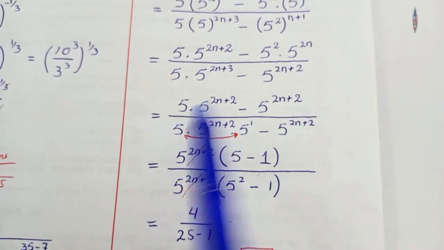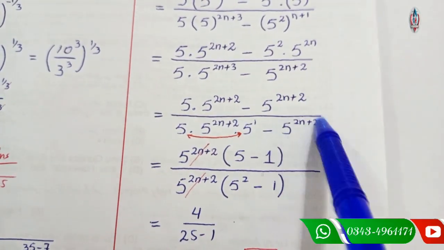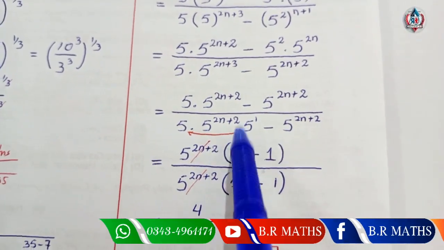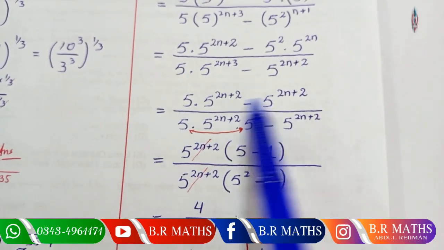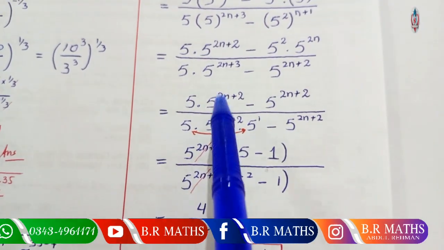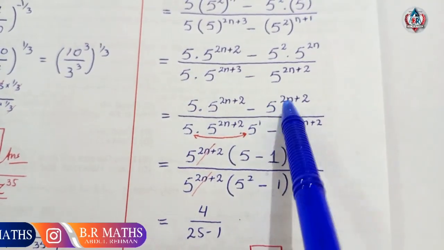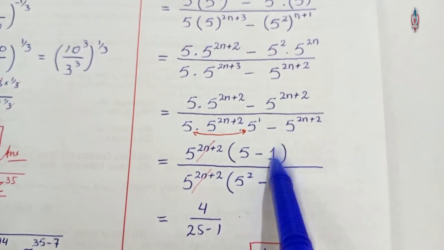So students, take the common, see 5 raised to power 2n plus 2 in each term. All factors are the same, take the common in numerator and denominator. So they cancel with each other, and remaining is 5 in this one, minus, after taking the common, this factor 1 is left.